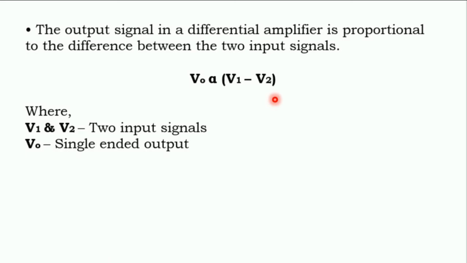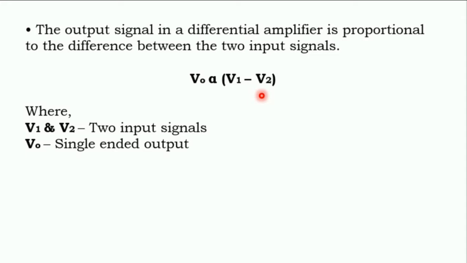The output voltage VO is proportional to V1 minus V2, which we have already discussed: the differential amplifier amplifies the difference between both input signals. That is the basic concept, and from it we move to gain.